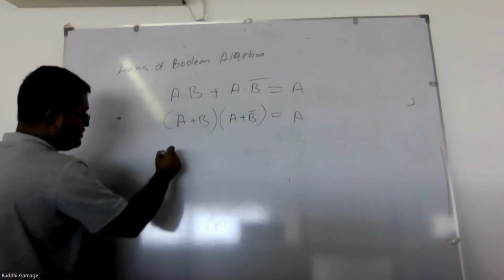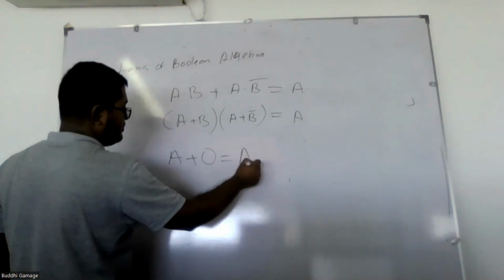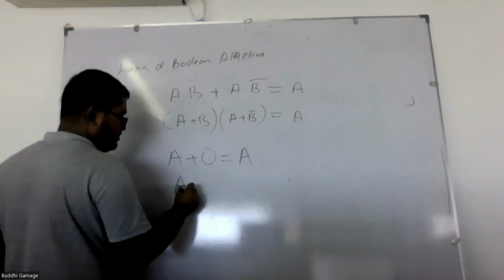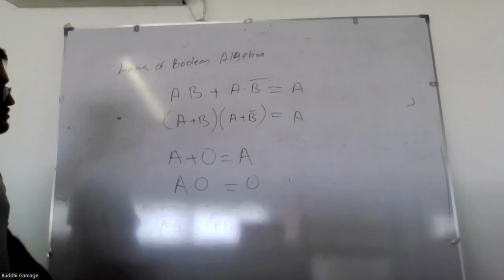And the other thing, A plus 0 is still going to be A, and A dot 0 is going to be 0.